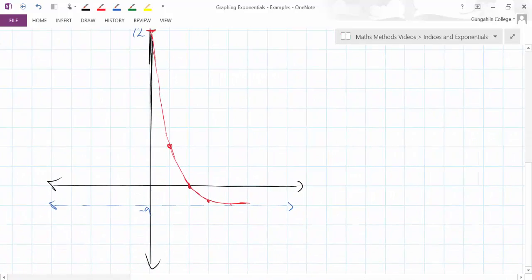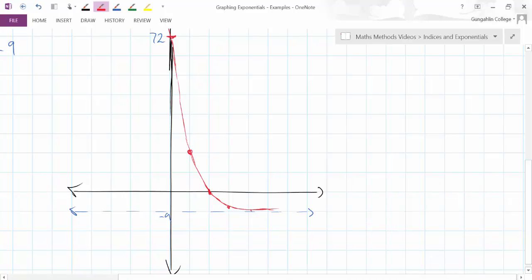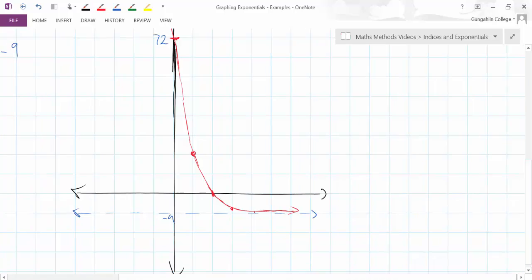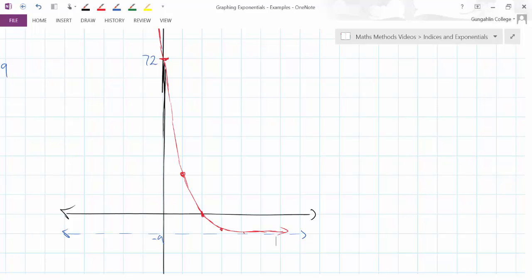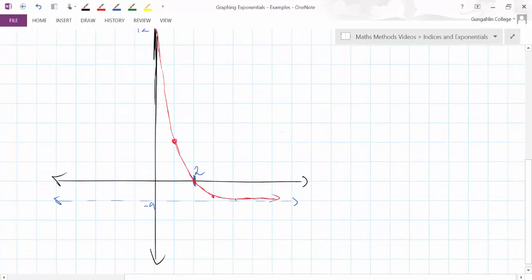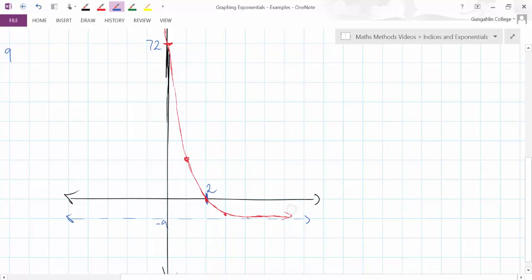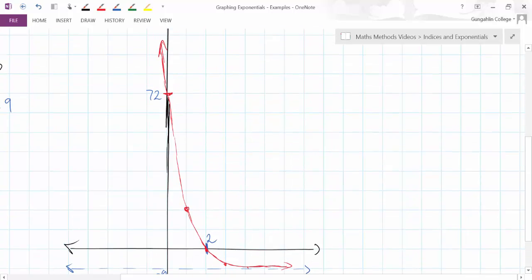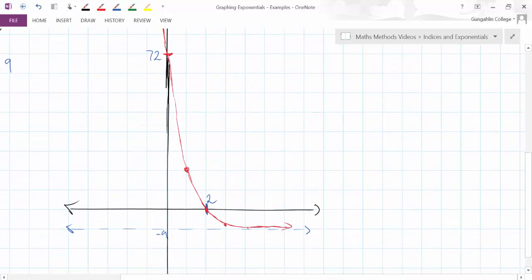And that will suffice. It's a little bit sloppy, and my apologies that it is a bit messy working on a tablet. This here is at 2. I've shown all my important features. I've done the growth rate correctly. My asymptote is correct. This is as much as you could be expected to do for a graph of an exponential function.